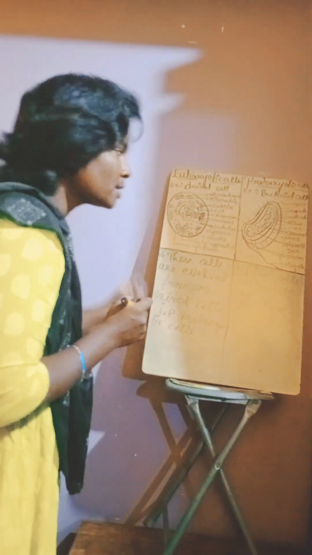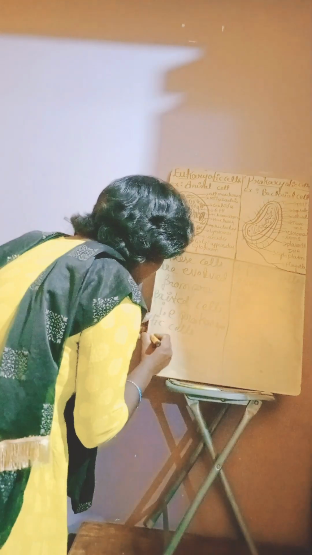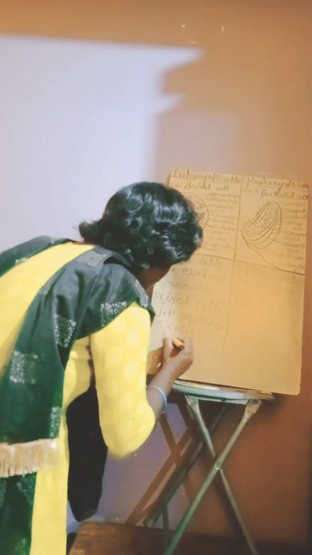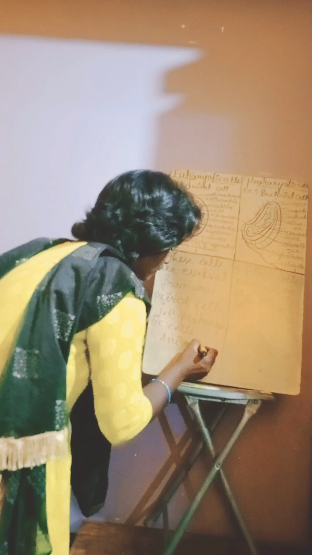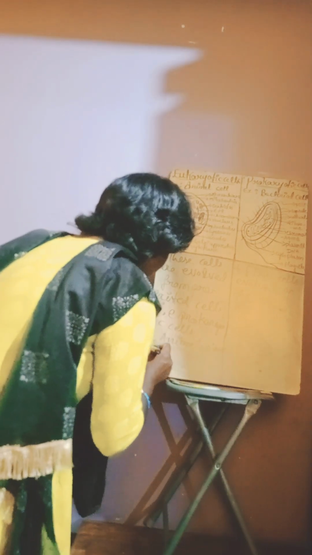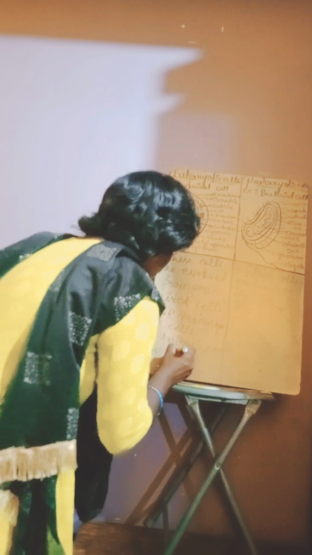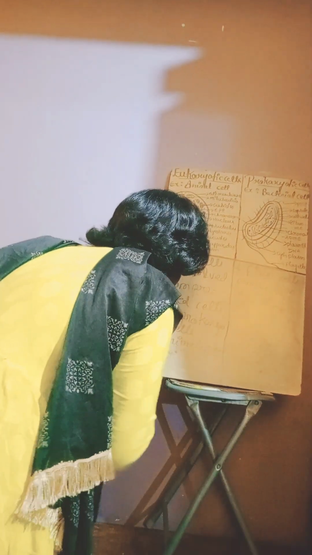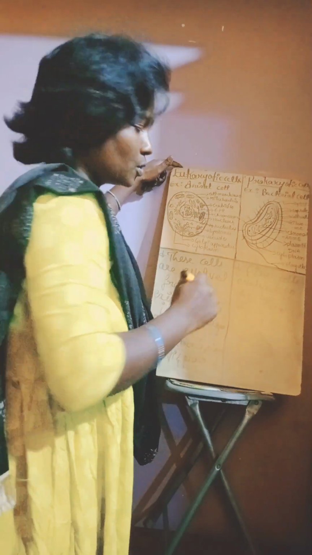If we consider the examples for eukaryotic cells, all animals, plants, fungi, and protists are the examples for eukaryotic cells.